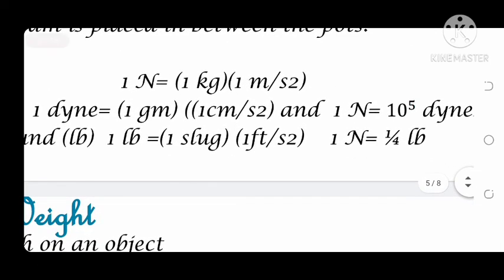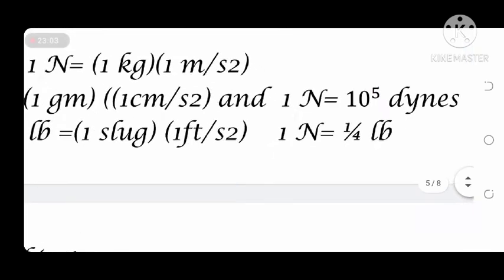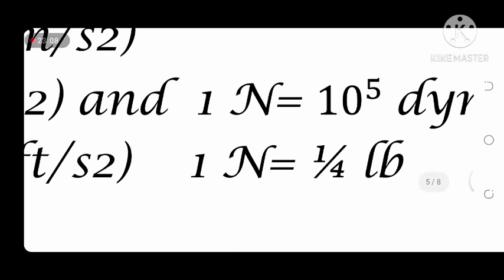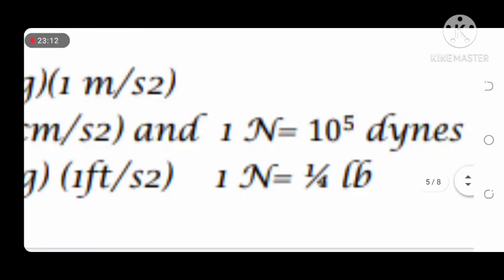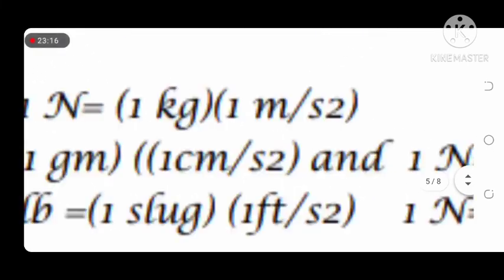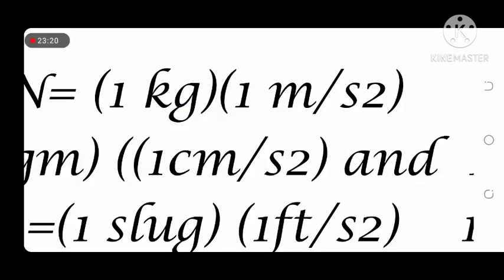Dyne and Newton are related. Newton is a bigger unit. It can be related with dyne as 1 Newton is equal to 10 raised to power 5 dynes. We can prove this from the above formula of unit. Kilogram contains 10 raised to power 3 grams. Meter contains 10 raised to power 2 centimeters.